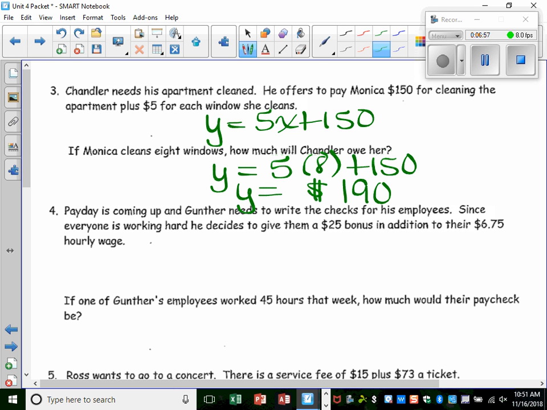Let's go ahead and keep going. Payday is coming up, and Gunther needs to write the checks for his employees. Since everyone is working hard, he needs to give them a $25 bonus, in addition to their $6.75 hourly wage. Who can help me out?